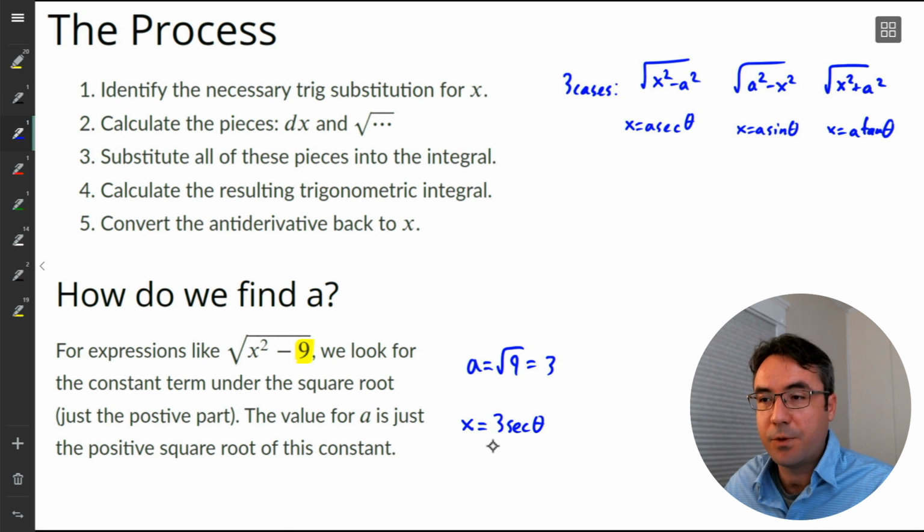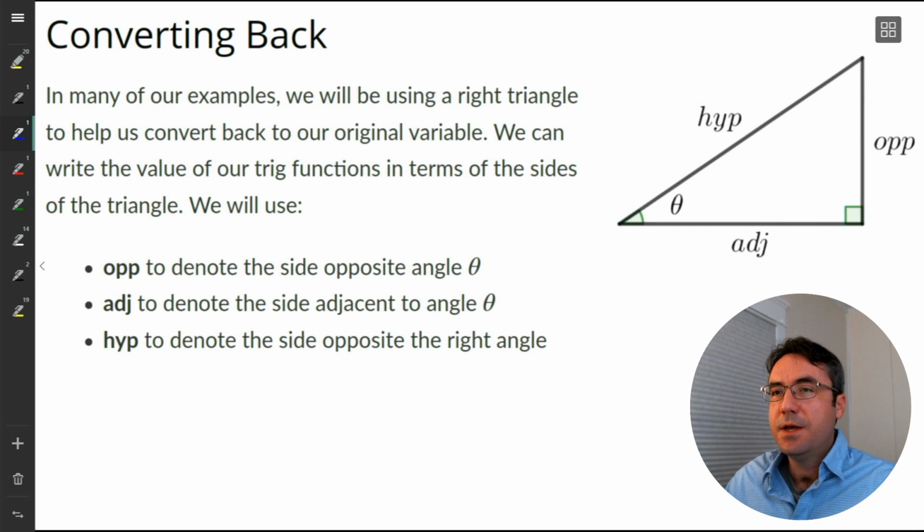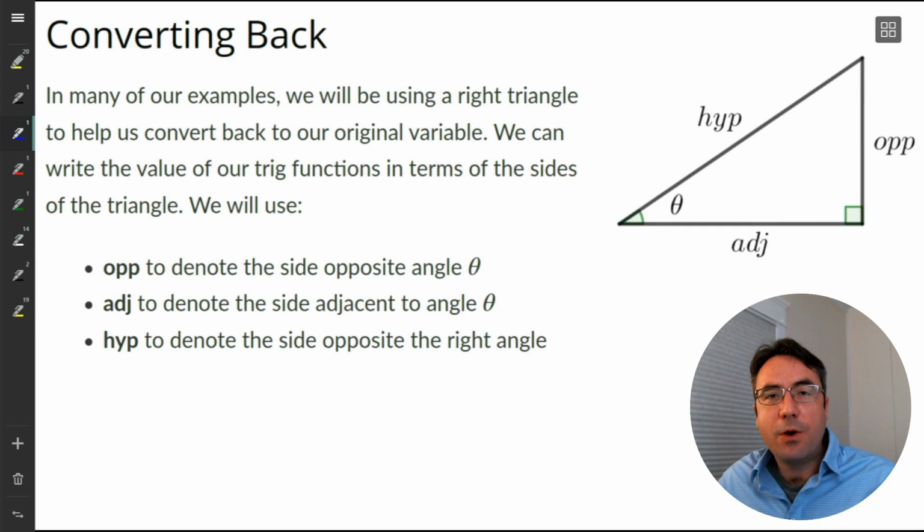And that's how we would pick the constant that goes in front of our trig function. It's the square root of whatever that constant is. All right, so we know how to pick x, we know how to calculate dx, we know how our square root expression is going to simplify, and we'll try these out in some examples.